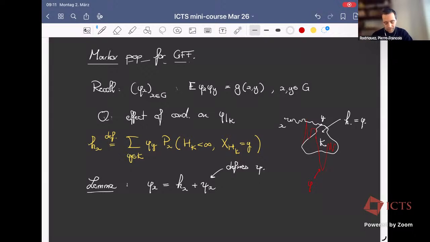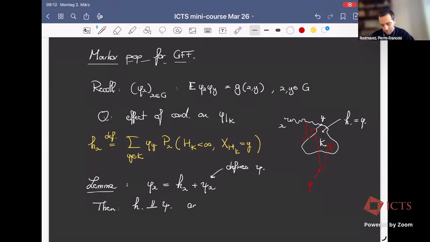All three fields are Gaussian fields, because phi was to begin with, and I'm just taking linear combinations. The statement is, first of all, that the fields h and psi are independent.